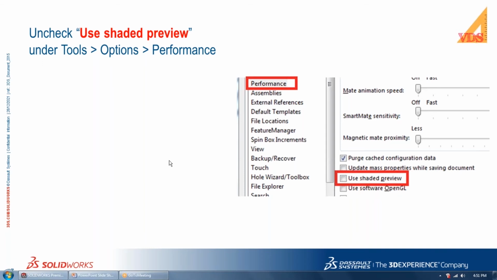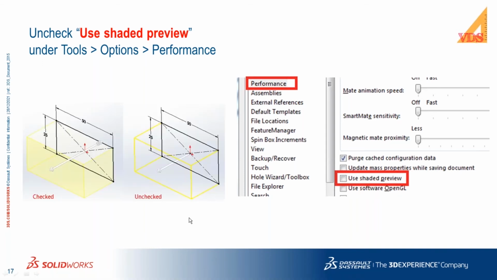Okay, no problem. When we talk of shaded preview, for example, with a simple bar, when we do the extrude command or cut extrude or revolve, you see a yellowish kind of box as a preview to give you an idea of how that feature is going to look.